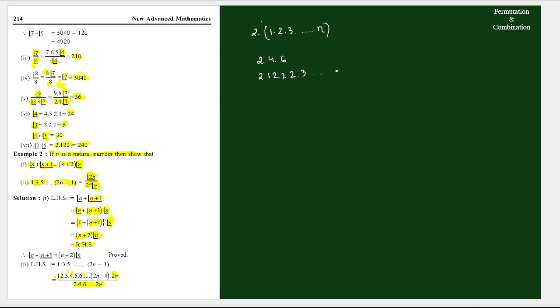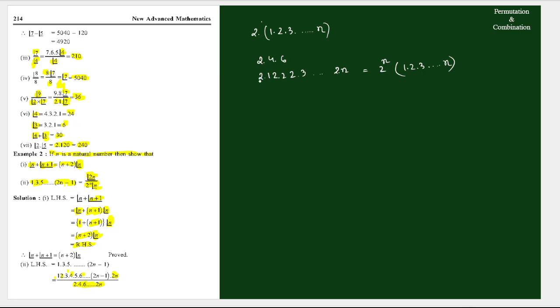Now how far does it go? Up to n, 2 into n. So how many 2s will be there? There will be n numbers of 2, and they are all multiplied n times, then it will become 2 to the power n, then you will get 1 2 3 like this up to n. Do you understand this one?